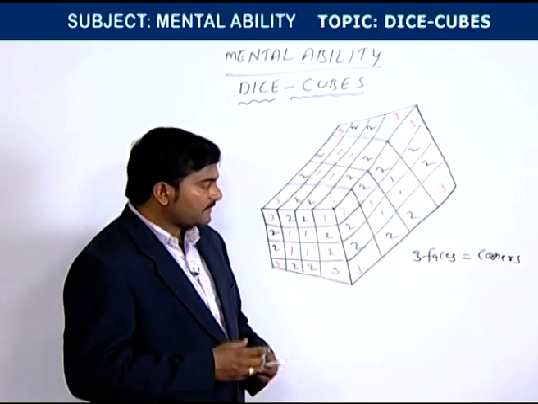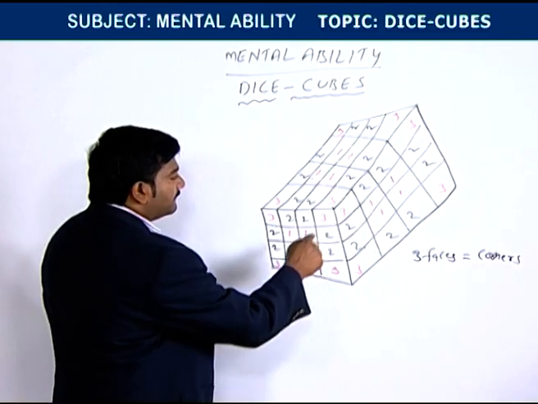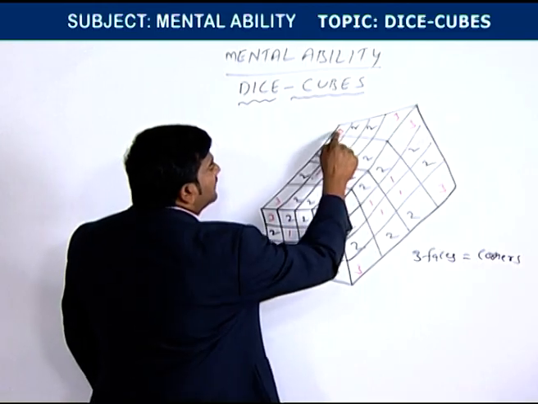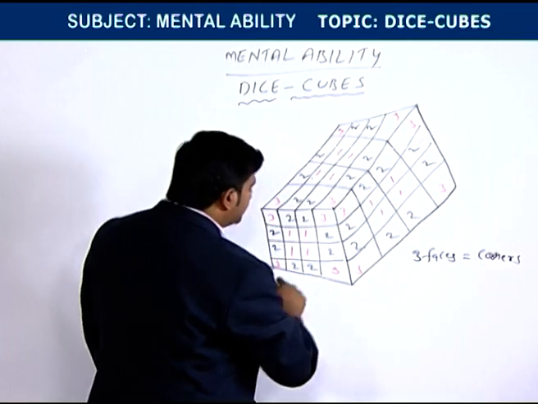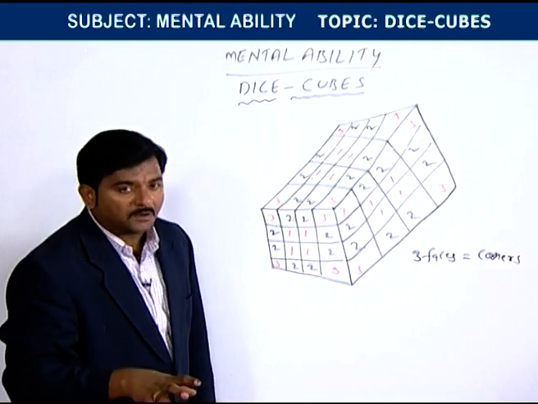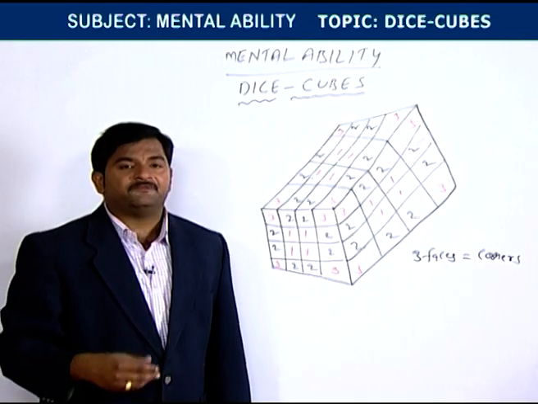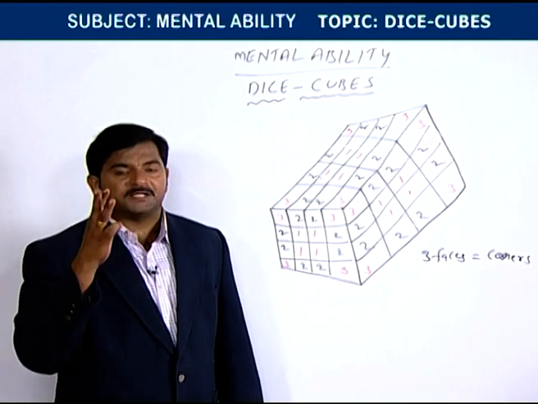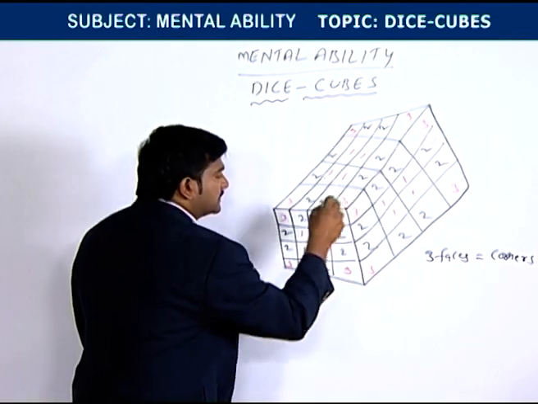Observe here, wherever 3 is indicated, think that it is a corner. So on a corner, maximum how many faces can be painted?